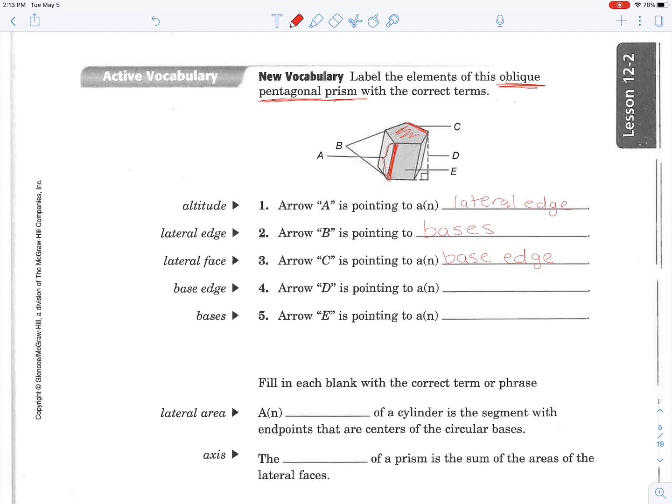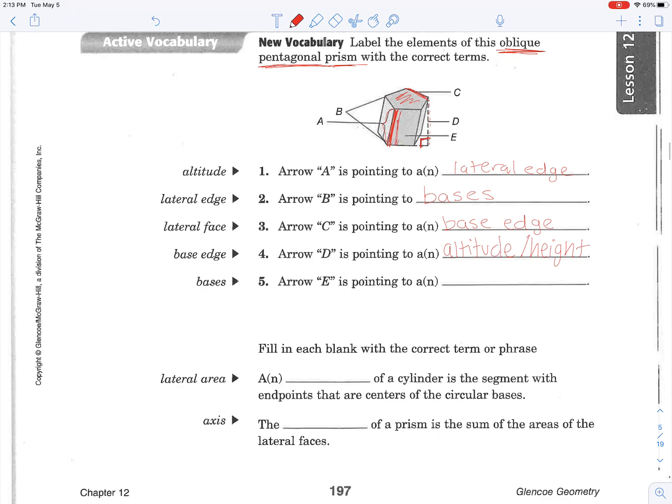Arrow D is pointing to the altitude or the height, as it is connected to the right angle. And it's connecting those 2 bases. And arrow E is pointing to this face here, which would be a lateral face.